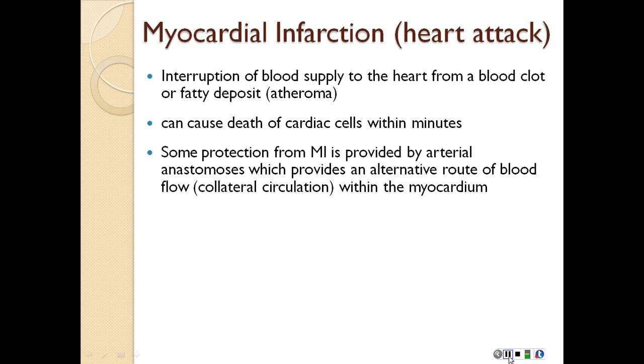There is some protection from myocardial infarction by what's called arterial anastomoses, where there's a network of blood vessels interacting. So if one blood vessel is blocked, there's another route to the same tissue. That helps out a lot of people. Before they have a heart attack, there may be 3 vessels blocked. So the anastomoses help to protect from a sudden death of the heart.